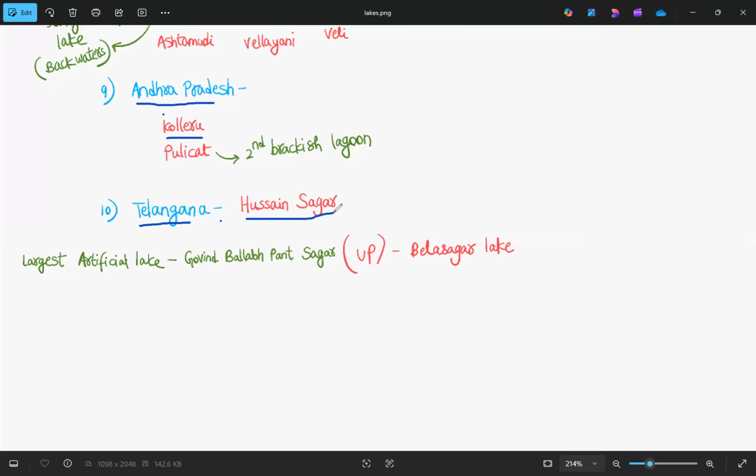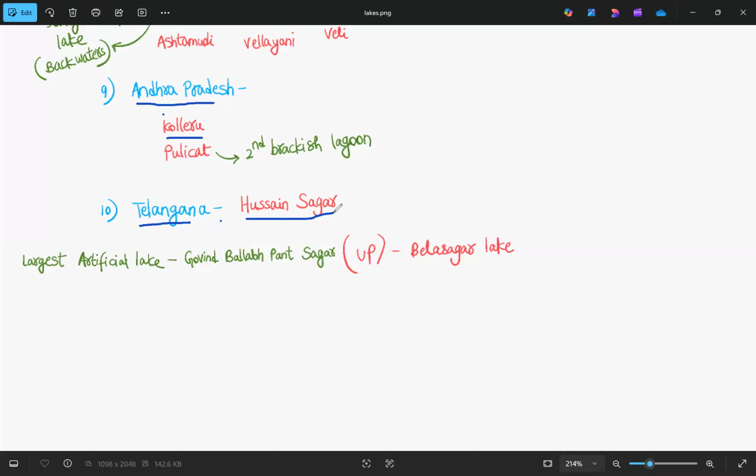The second largest artificial lake is Debar, which is in Rajasthan, whereas the largest artificial lake is Govind Vallabh Pant Sagar. So what is the largest artificial lake? It is Govind Vallabh Pant Sagar, and it is created by Rihand Dam. There is a dam called Rihand Dam, which is constructed on the Rihand River, in Uttar Pradesh.